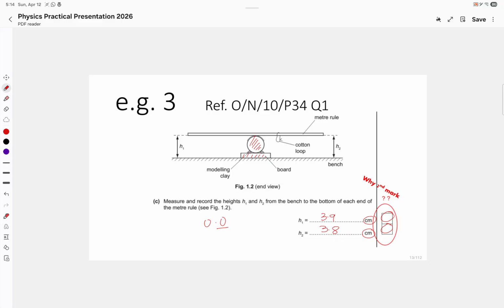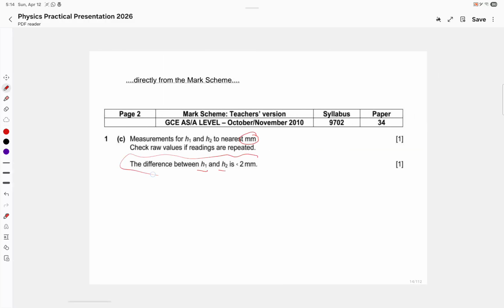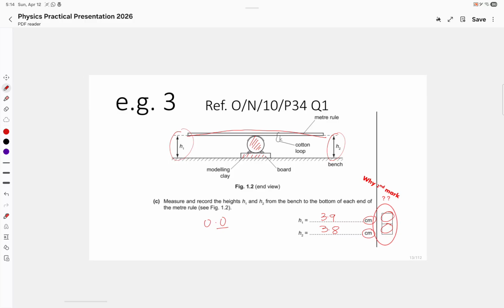It might have been used many times before this exam in regular classes. So perhaps it might be a little bent, and you will definitely face a problem in getting the values of h1 and h2. That's why it is in the mind of the examiner that he is also expecting a little difference in the values of h1 and h2. Hence you will get a second mark for this.